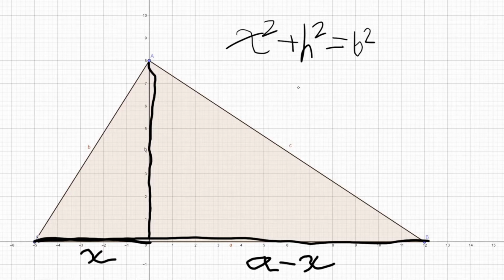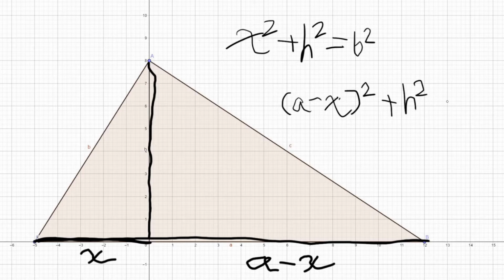So we can write parentheses, a minus x, squared, plus, again we have h squared, equals c squared. So now we basically have the equations for both of these triangles.